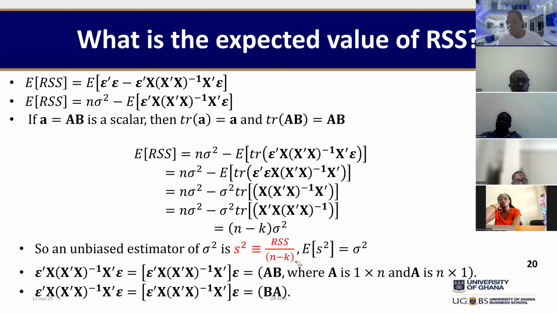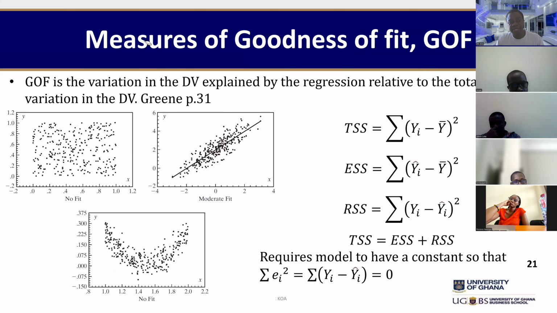Provided you can prove that the expected value of the estimate of beta is equal to the true value, then you can also prove that the expected value of the sample variance is equal to the population variance. You can prove that. And what makes you able to prove this is that conclusion that you have in the n minus k. Let's drop this one. You don't need it. It will not make any difference.